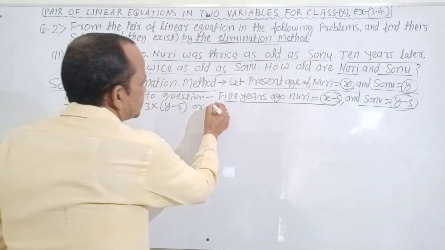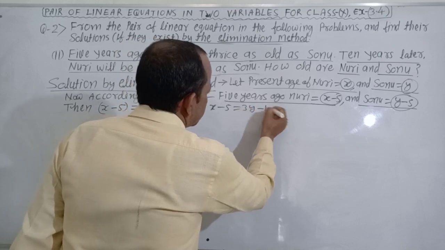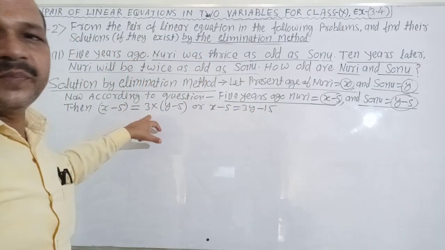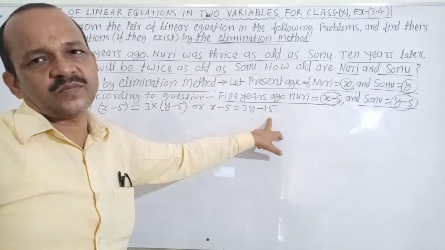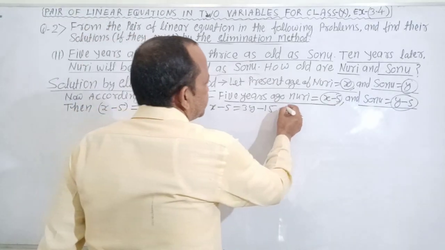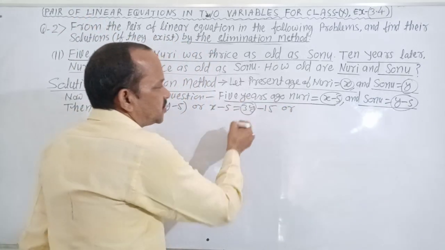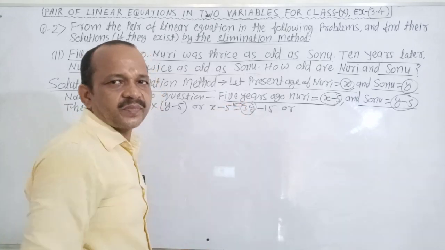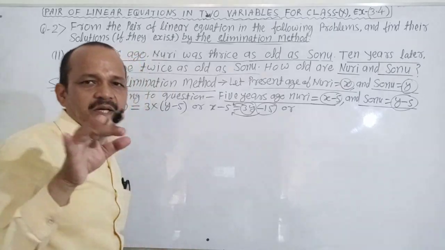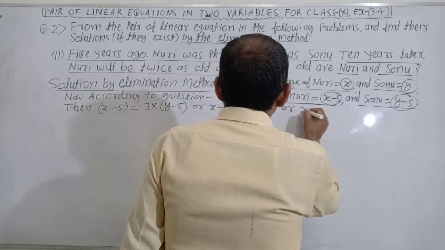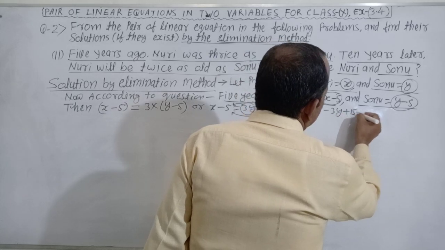It becomes x minus 5 equal to 3y minus 15. Here y multiply 3, 3y, 3 multiply minus 5, minus 15. Or here you can write 3y on the left side of equal and minus 15 on the left side of equal. It becomes x minus 5 minus 3y plus 15 equal to 0.